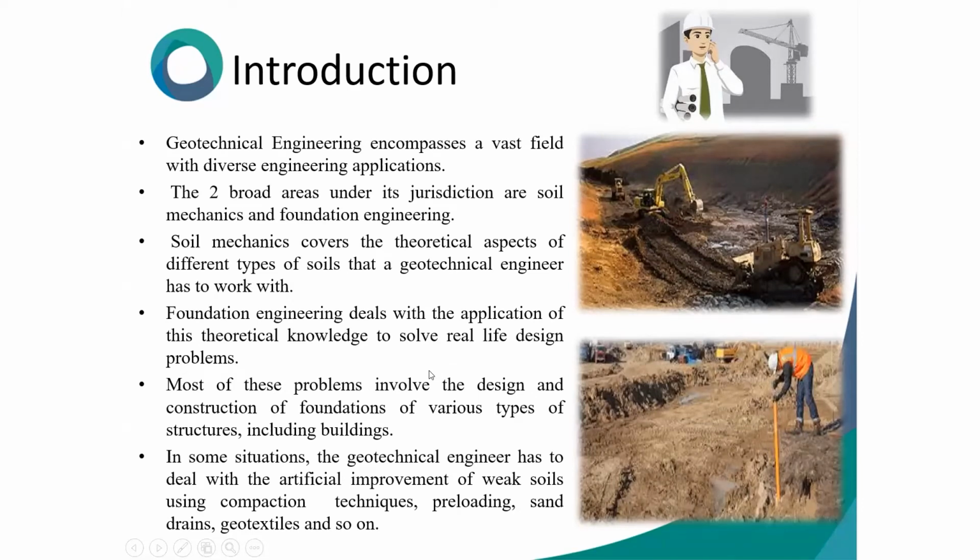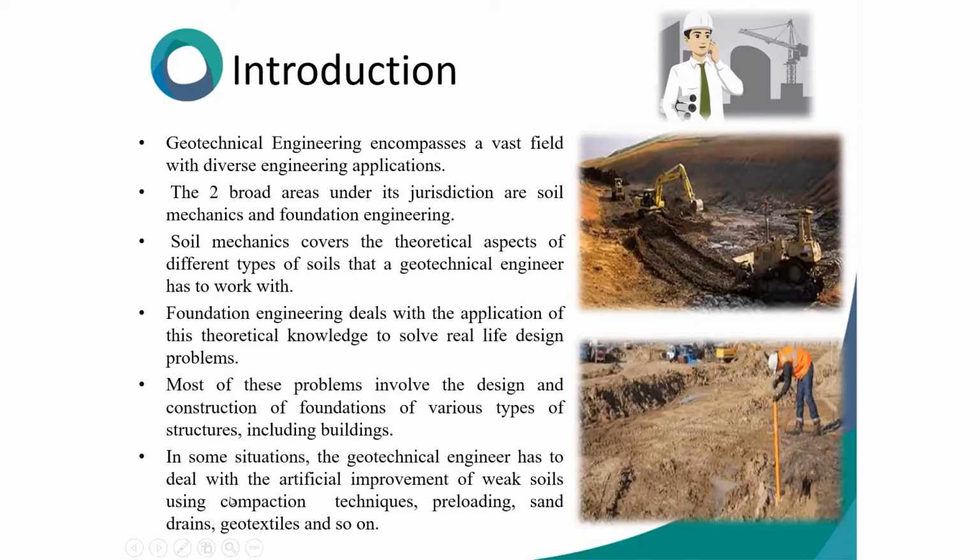Most of these problems are involved in the design and construction of foundations of various types of structures, including buildings, retaining walls, sheet piles, so many things. In some situations, the geotechnical engineer has to deal with artificial improvement of weak soils using compaction techniques, preloading, sand drains, geotextiles, and so on.